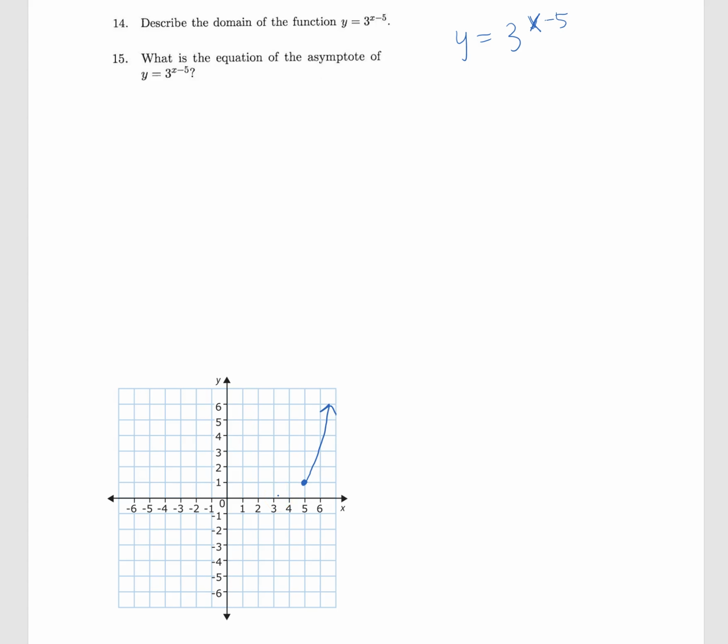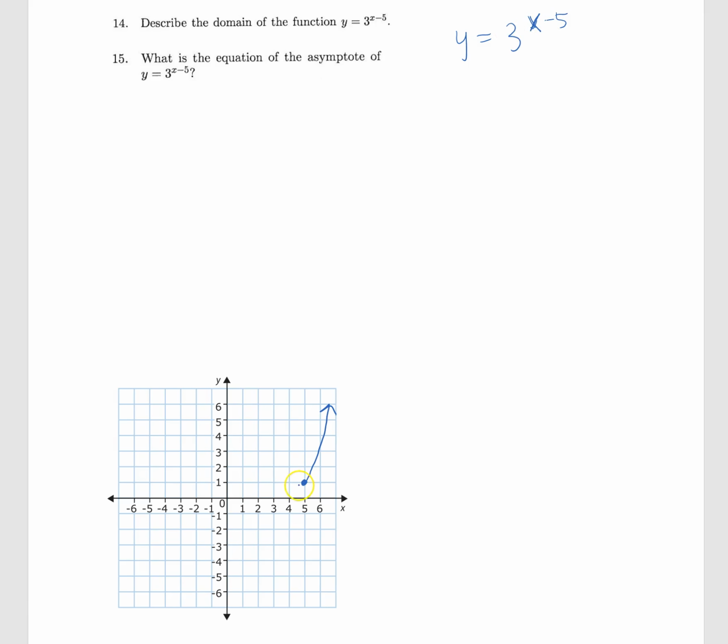When x is less than 5, this exponent is going to be a negative number, and 3 to the power of a negative number is going to be a fraction. As x gets increasingly smaller, this is going to become an even smaller value for y.